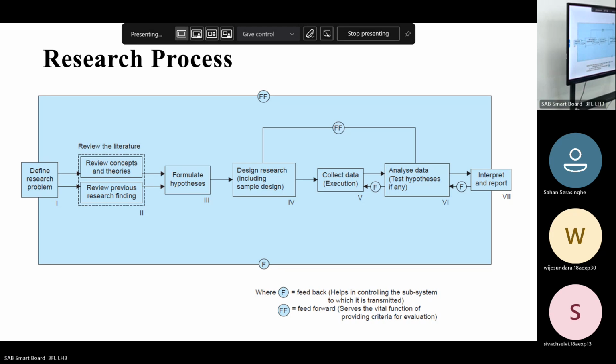Yes, a testable statement. It's a testable statement.